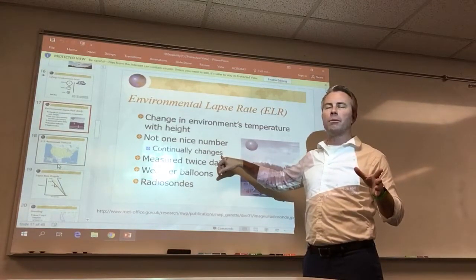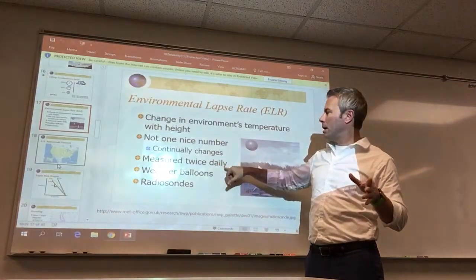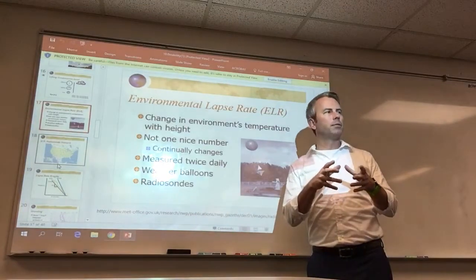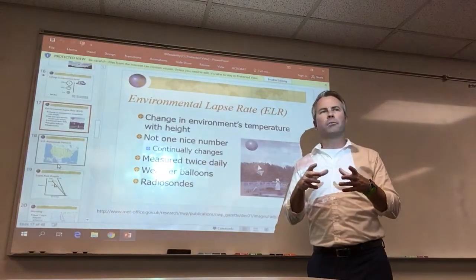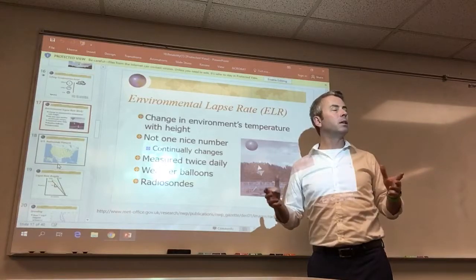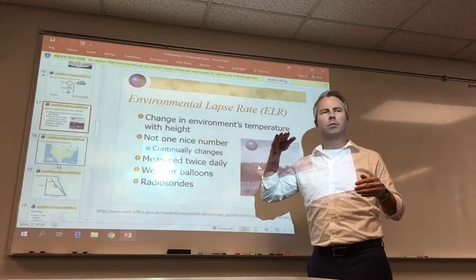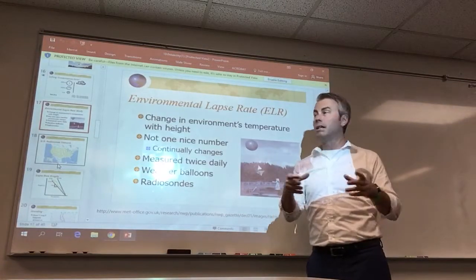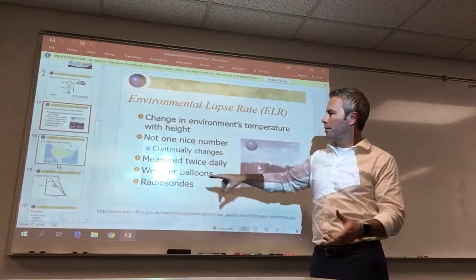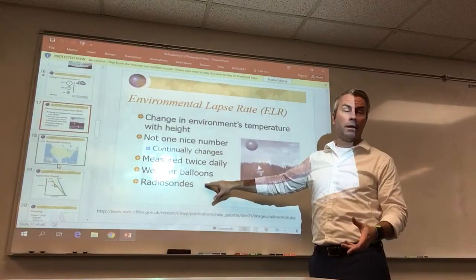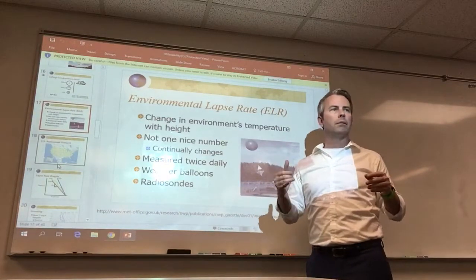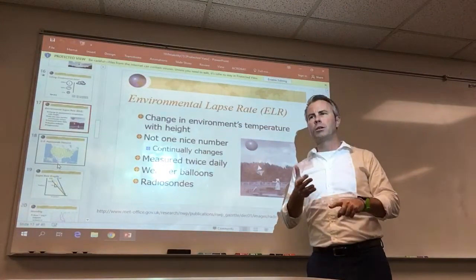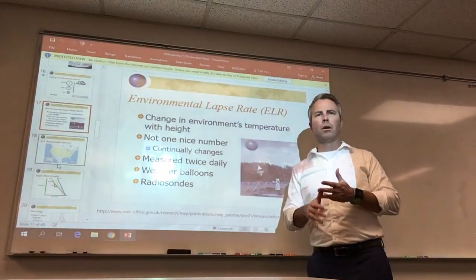One of the reasons we know it continually changes is because we measure it twice a day with weather balloons that carry these little instruments, almost like little milk cartons, called radiosondes. It's the same thing the hurricane hunters do, when they talk on the Weather Channel about flying into the storm: they drop these little radiosondes in the center of the storm, and they measure everything from temperature, barometric pressure, wind speed, wind direction, moisture content, all of that.